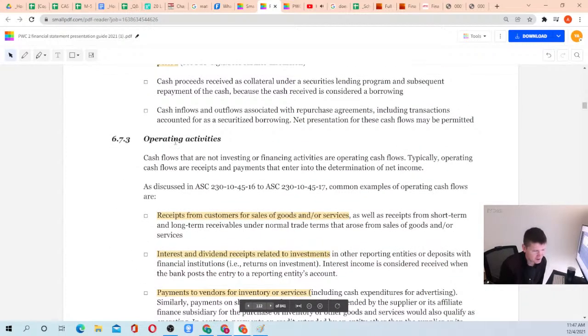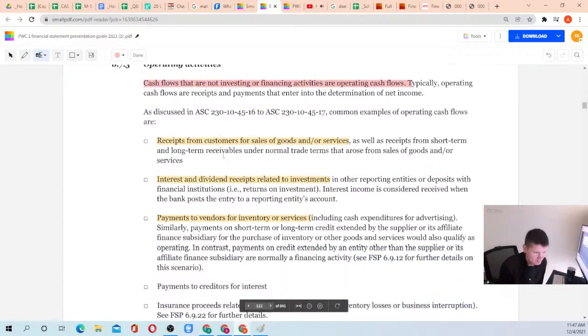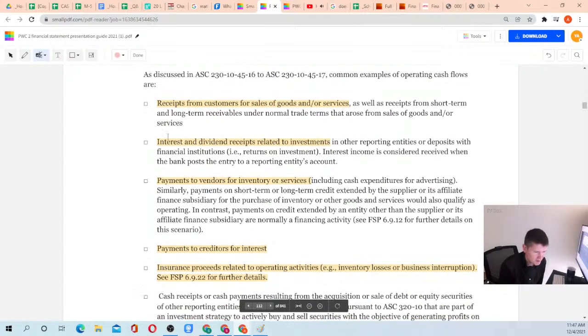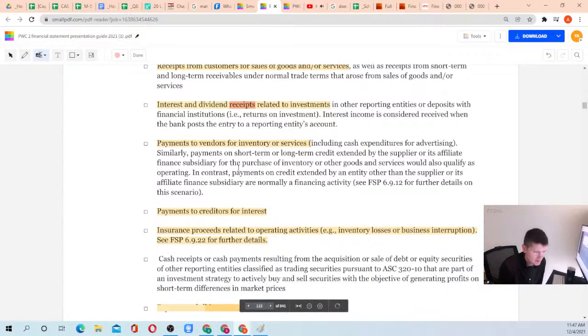Okay. Operating activities. Cash flows that are not investing or financing are operating activities. Receipts and payments that enter into the determination of net income. Receipts from customers, interest and dividend receipts related to investments, payments to vendors.